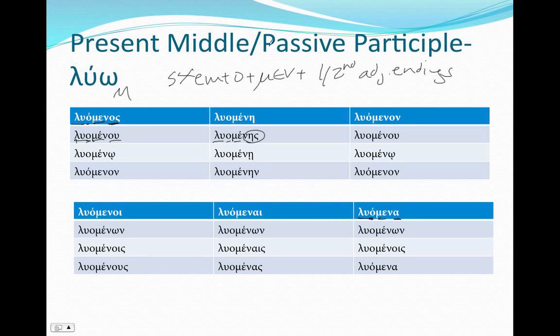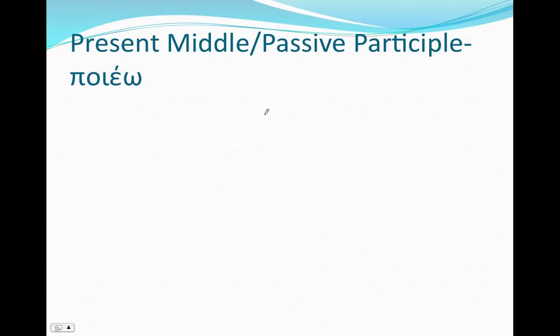So, present, middle, and passive participles are first, second declension adjectives. Now, in the present, middle, passive of poieo, we're going to have poie plus omicron plus men plus our endings, and this is going to change.